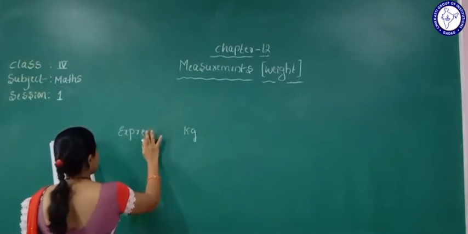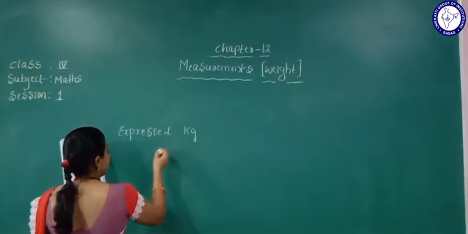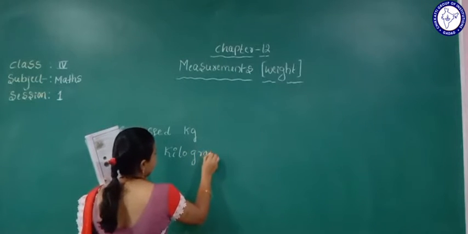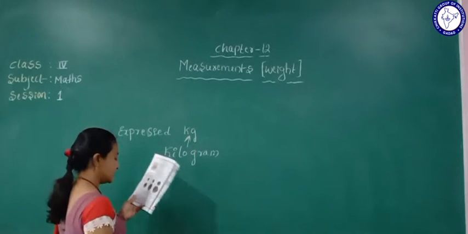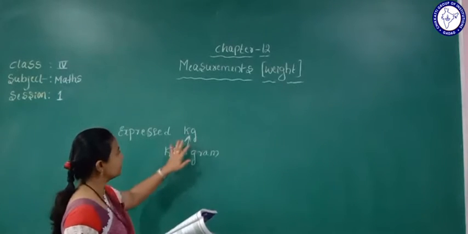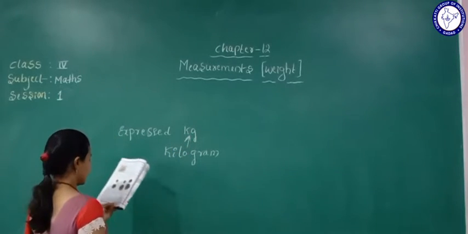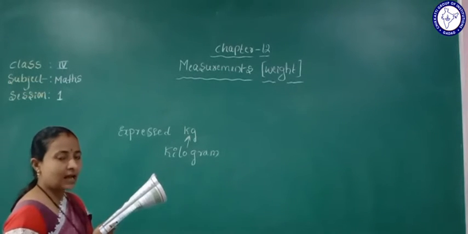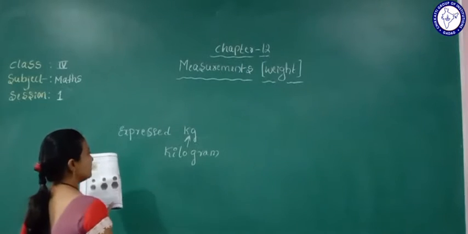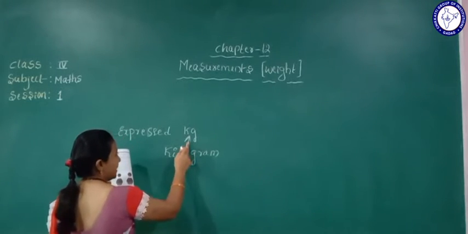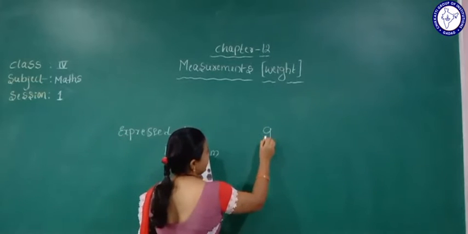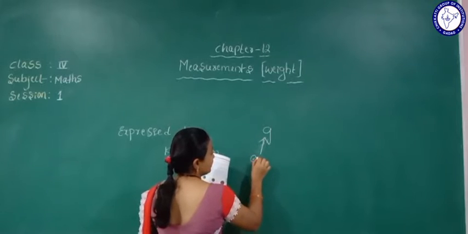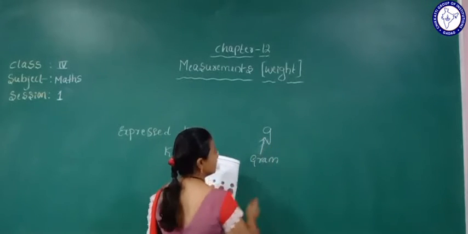So the kilogram is represented by kg, and gram is represented by g.